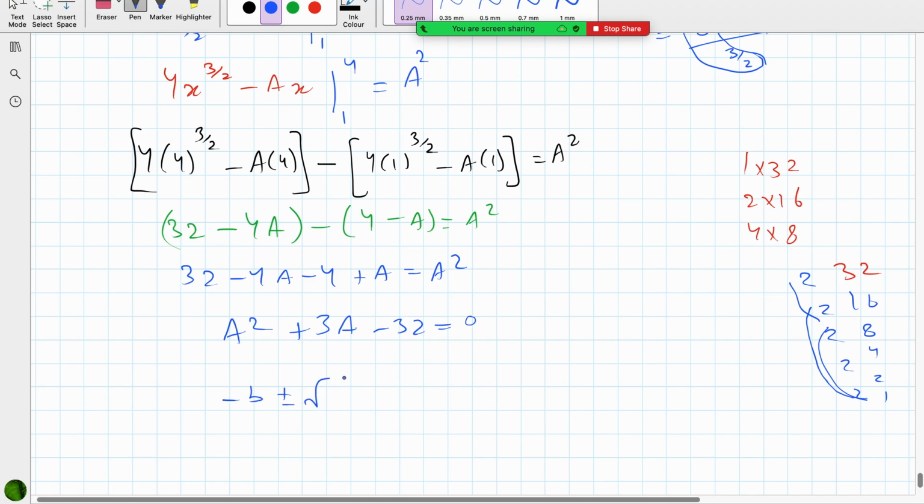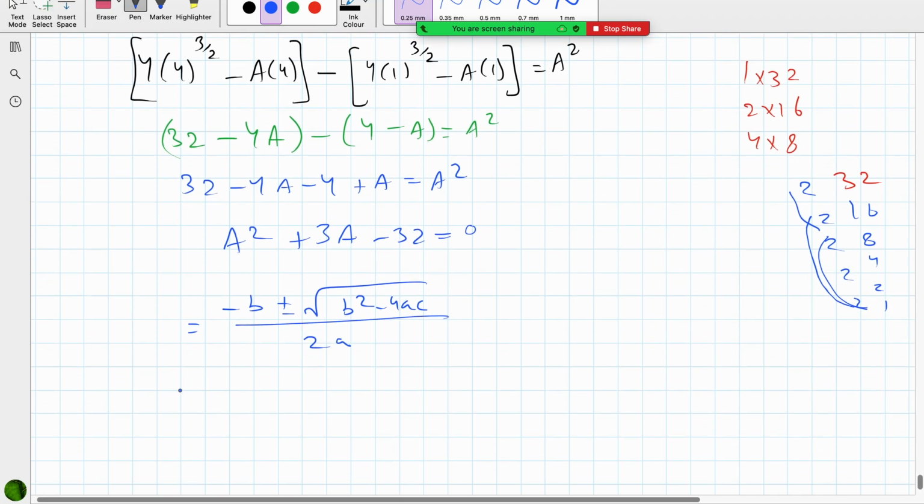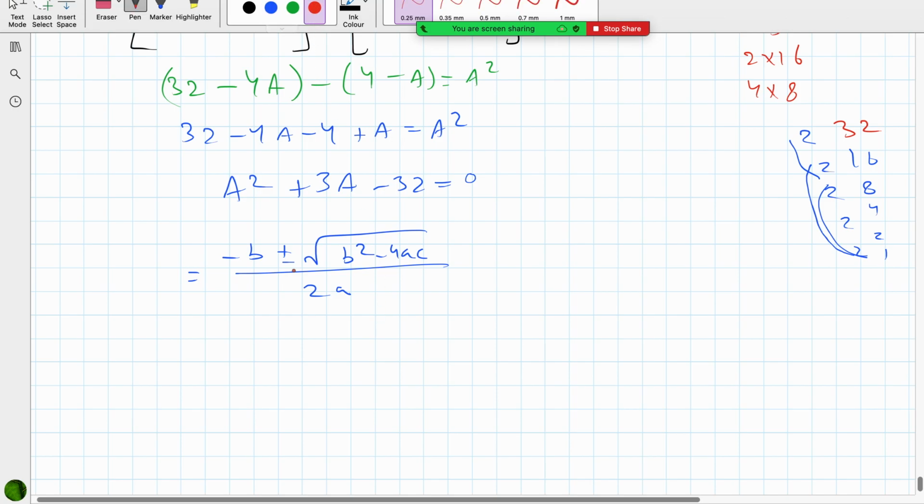Minus b plus minus square root b square minus 4ac over 2a. Can you please help me with the calculator part? Minus 3 plus minus square root of 3 square minus 4 a c, over 2a, with c as minus 32.